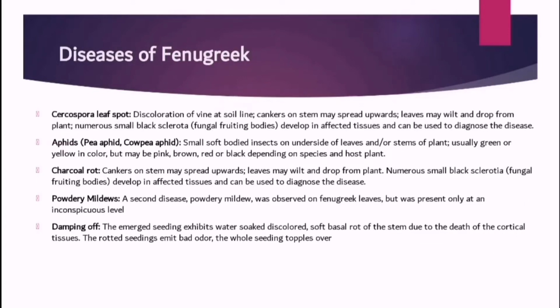And the diseases of fenugreek are, first, leaf spot: discoloration of the vine at the soil line, canker on the stem that may spread upwards, and leaves that may wilt and drop from the plant.